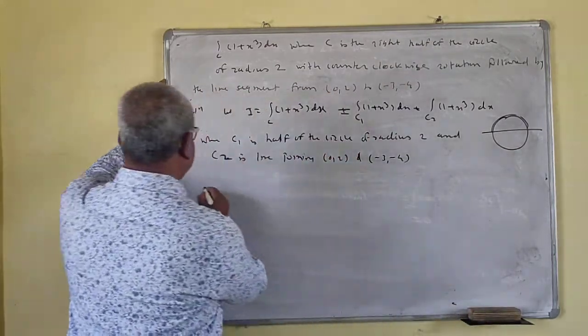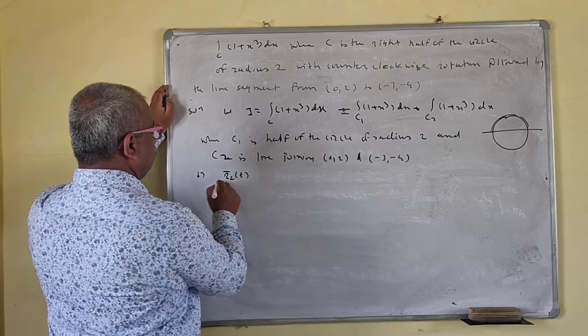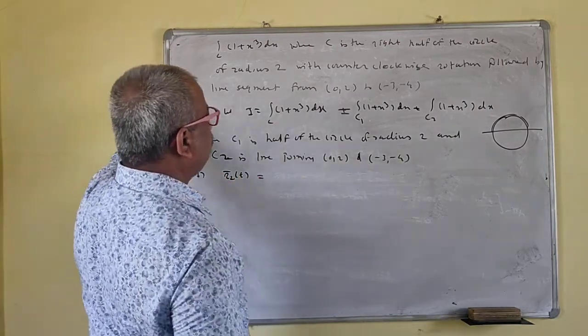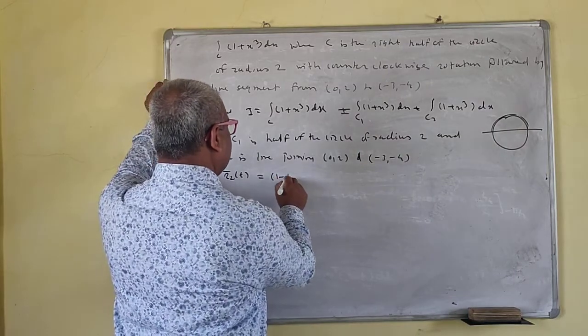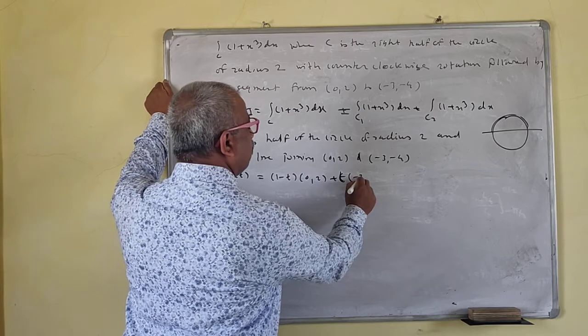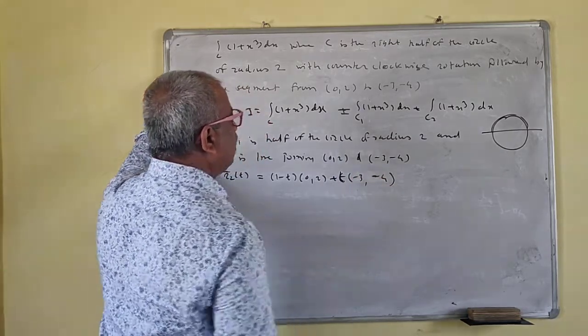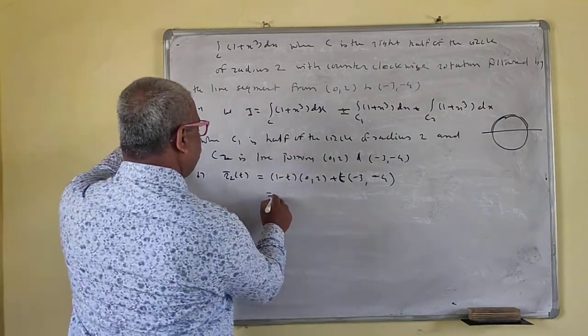Okay. So B. R2 bar of t is 1 minus t, 0, 2 plus t, minus 3, minus 4. So we'll do this.